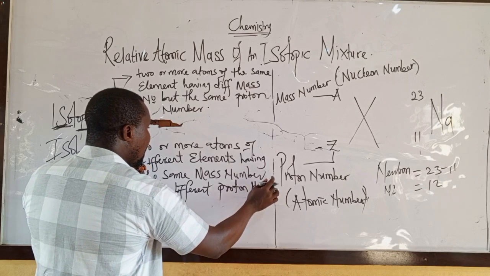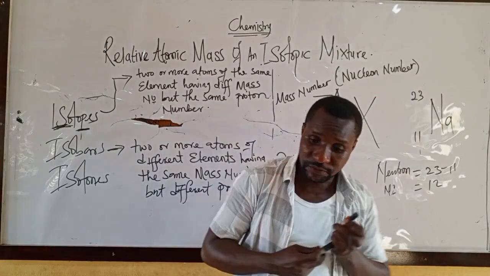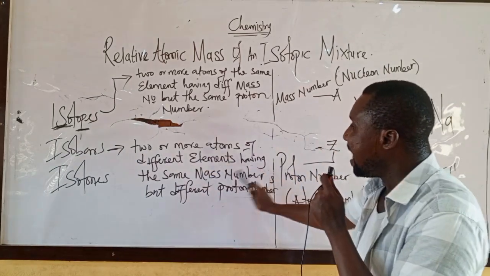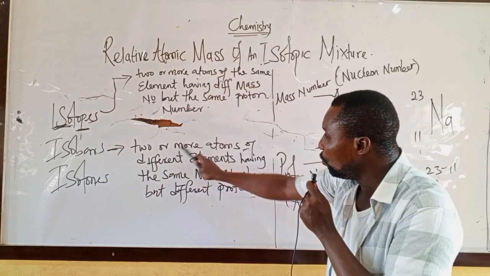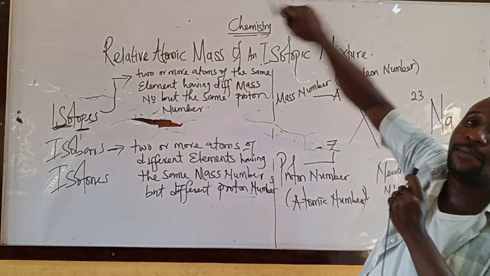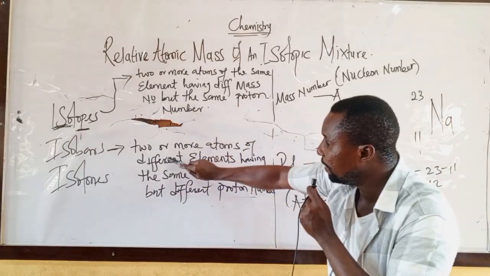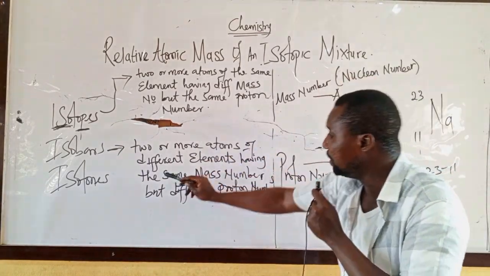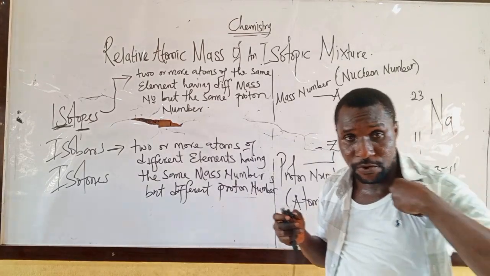I told you proton number is known as atomic number. Please take note of this. Isotopes are two or more atoms of the same element having different mass number but the same proton number. But isobars are two or more atoms of different elements having the same mass number but different proton number. Let me give you an example.